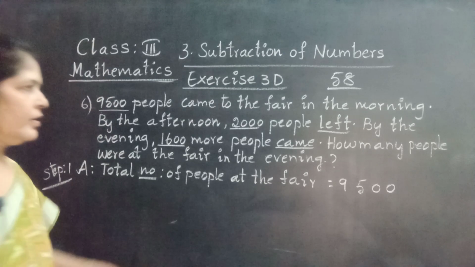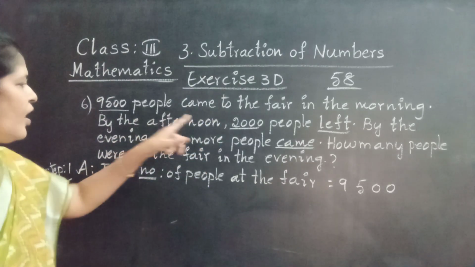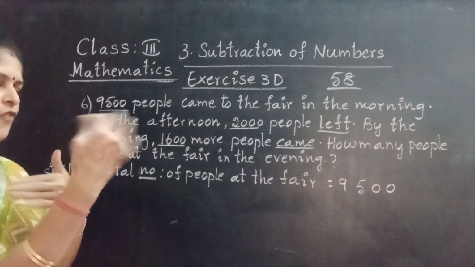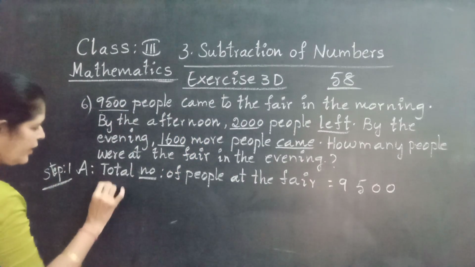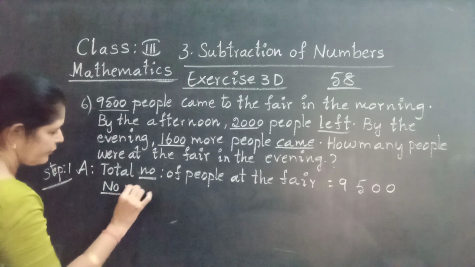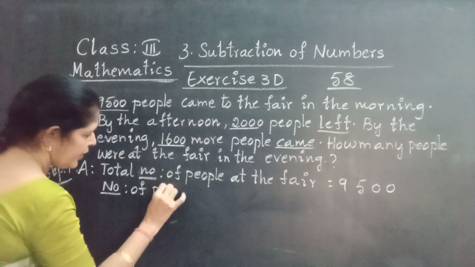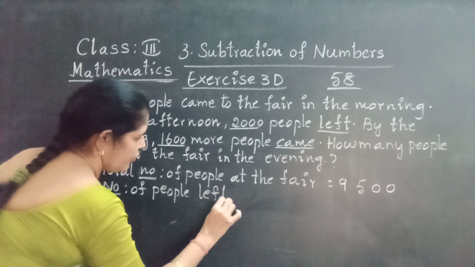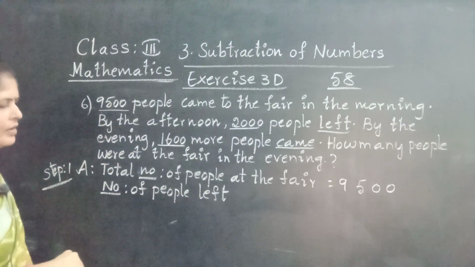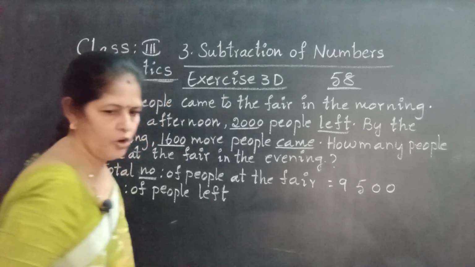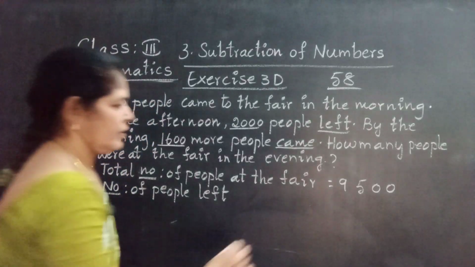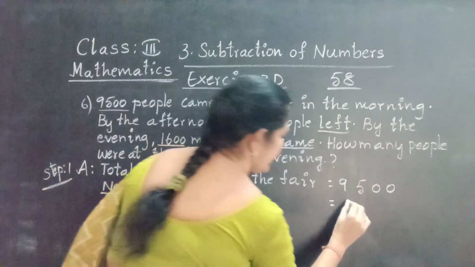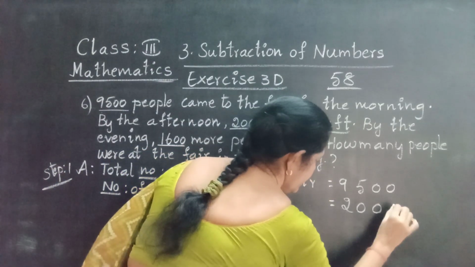In that, by the afternoon, 2,000 people left. They went off. Then the number of people left in the afternoon. How many? 2,000. Write 2,000 below.